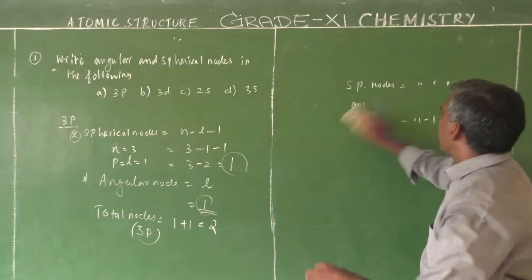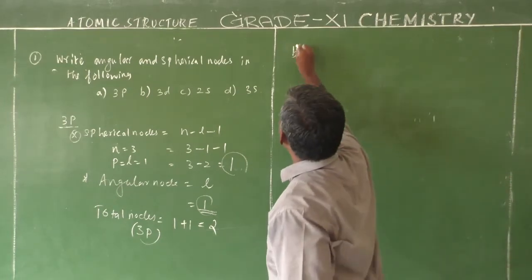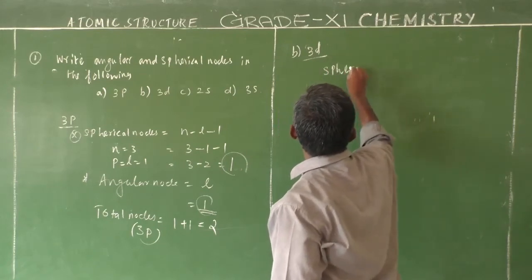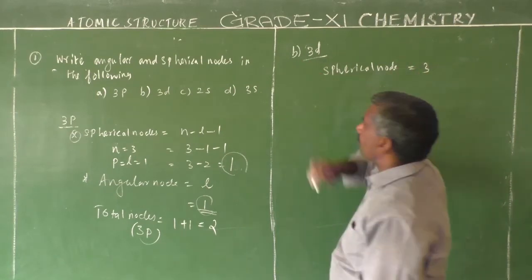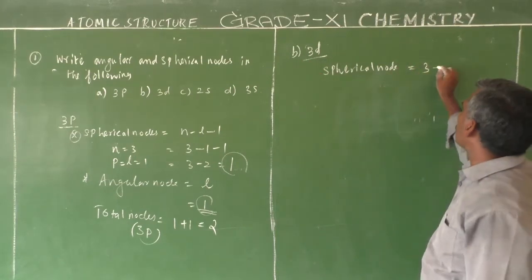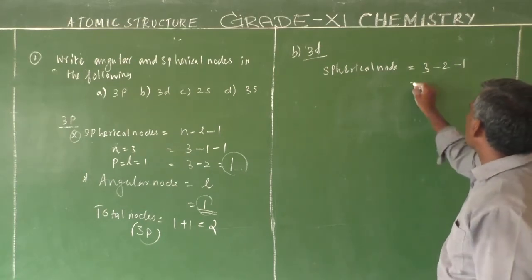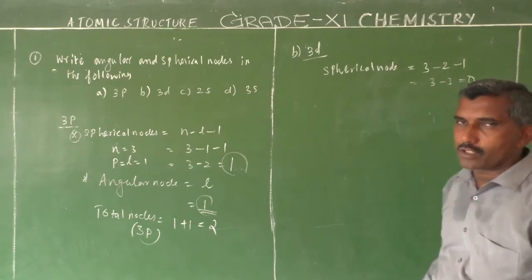Okay, next, second question: B, 3d. Spherical node: the n value is 3, the l value is 2, so 3 minus 2 minus 1, that is 3 minus 3, which is equal to 0. The spherical node is 0.